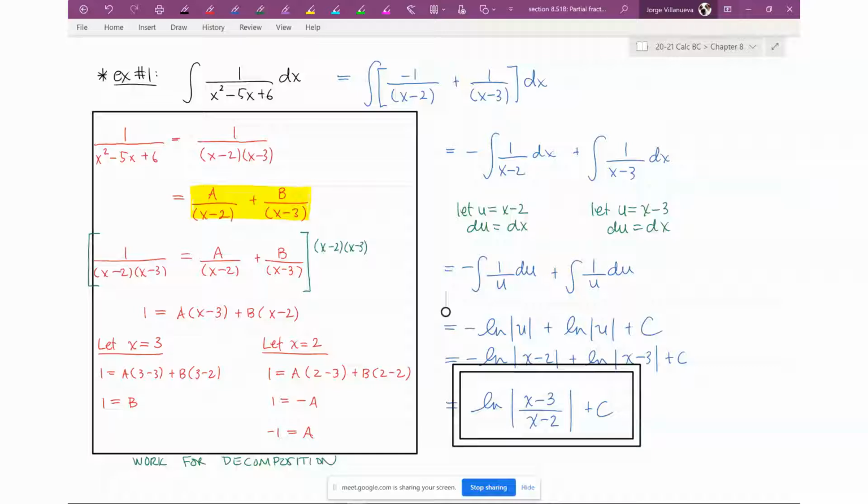Not super difficult, but you have to understand where we get our factors from. Yeah. So sometimes they can get a little bit tricky and people get a little confused. So we're okay?